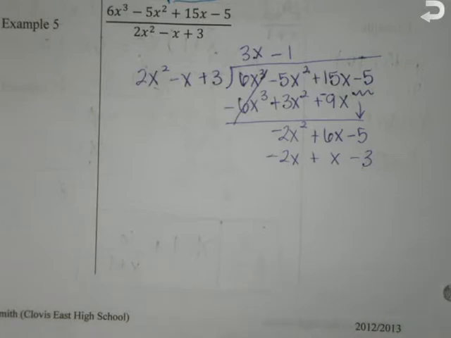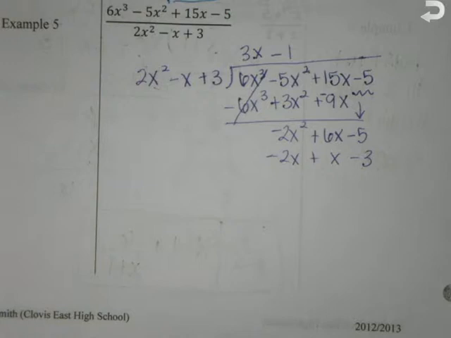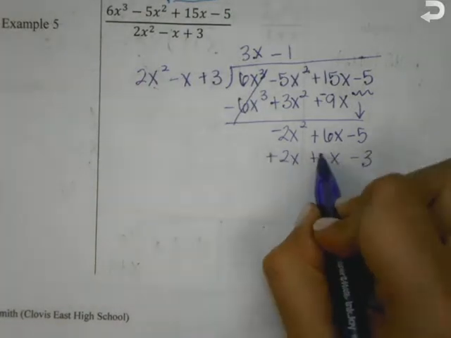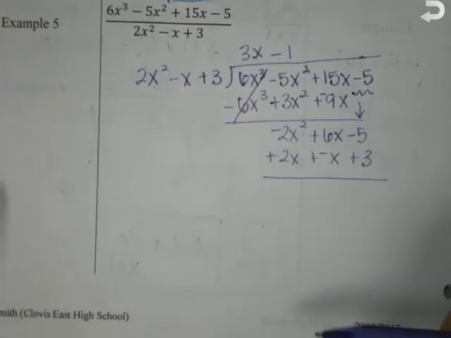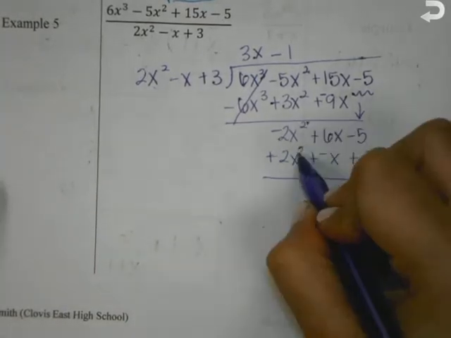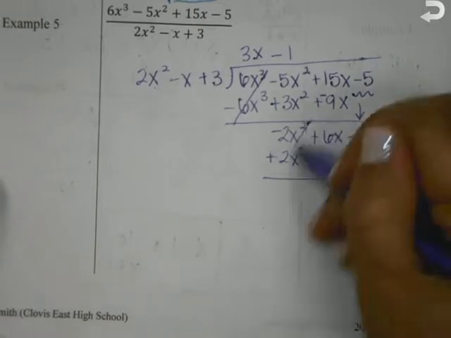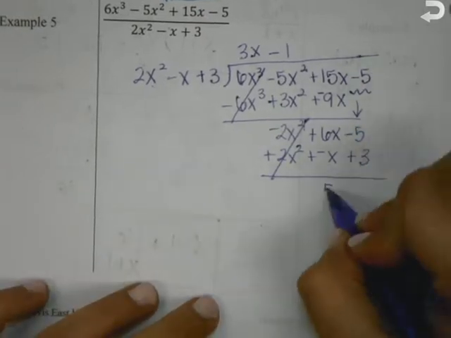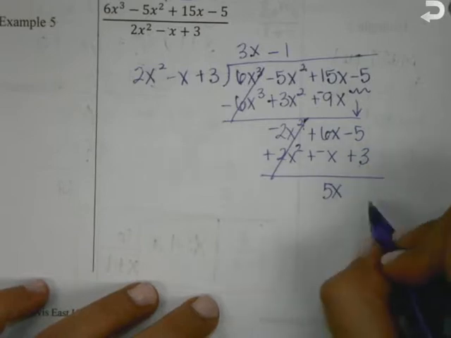So, ladies and gentlemen, negative 2x squared plus 2x squared. 0. 6x minus x. 5x. And then negative 5 plus 3. Minus 2. Is there anything left to bring down? No. So this is my remainder. So my remainder is plus 5x minus 2 over 2x squared minus x plus 3.